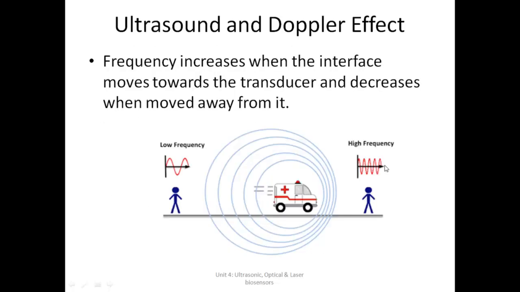To understand this phenomenon, there is a very common example that we always quote whenever we talk of the Doppler effect. If a vehicle is traveling at a distance and is blowing a horn, you can hear that horn from some distance.